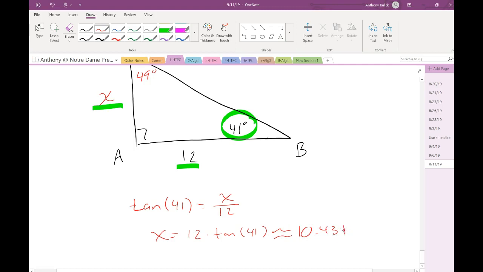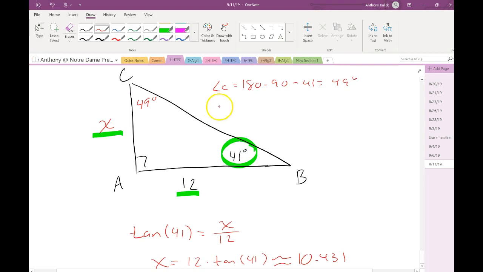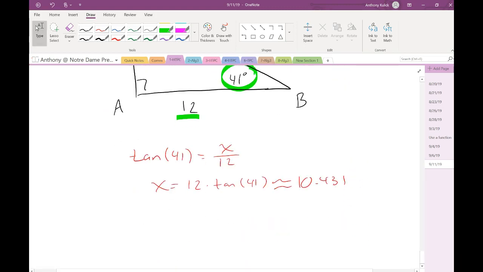Okay. How can I find CB? Is that the best way to do it, the Pythagorean Theorem? Why is that not going to be the best way? You're using a rounded answer to get another answer that you're going to round. Is there a way to do it without having to use a rounded answer? Yes. What could I do? Good. I can do cosine of 41, which is adjacent over hypotenuse.